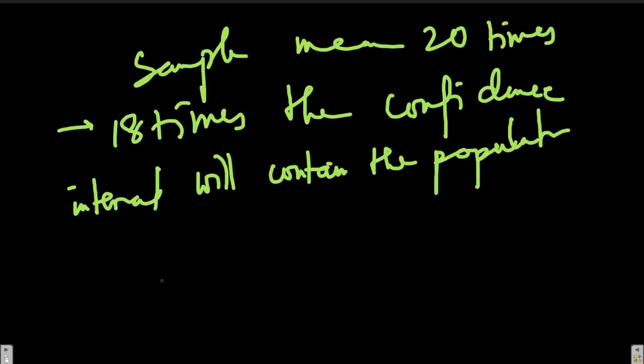I'll illustrate that with a diagram in a while. So I hope you understand it. Essentially, if we say it is a 95% confidence level, then 19 times out of the 20 times you create that interval, it will contain the population parameter.